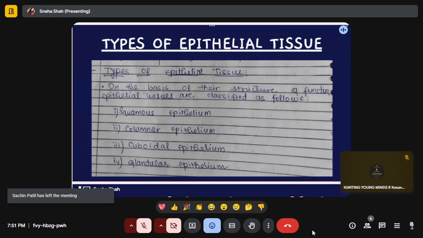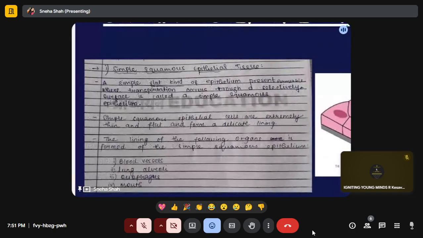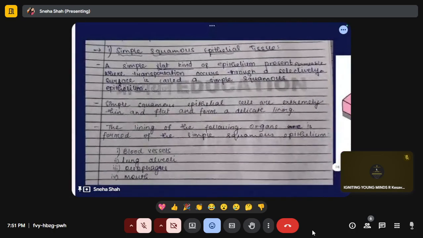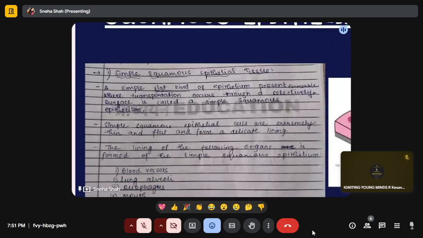So there are 2 types of squamous epithelium present in an animal's body. Okay, so moving on with squamous epithelial tissue. The first one we call simple squamous epithelial tissue. First of all, understand the meaning of the word squamous.